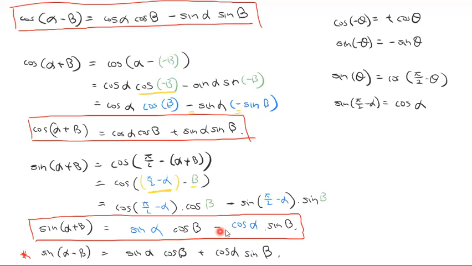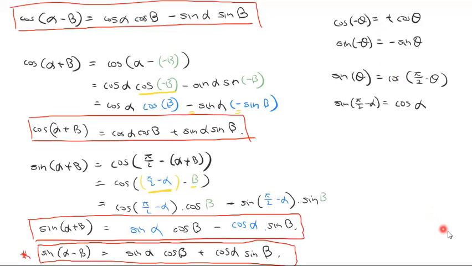I haven't shown you all the working, but it's basically the same working as this, and the relationships over here. And that is another relationship. Does that make sense? Yep.